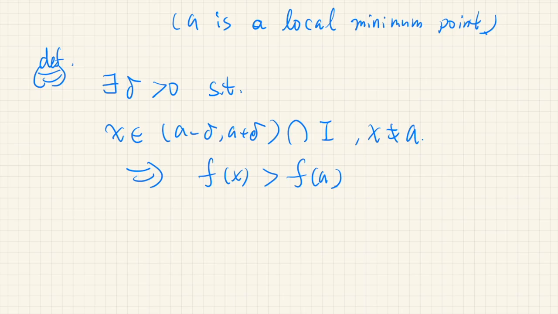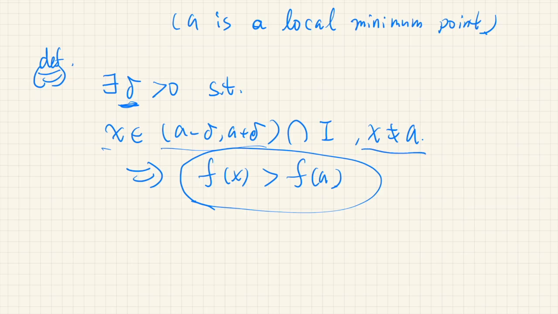So this means if we take a small enough delta, then we can make this inequality hold for all x in this interval, as long as x is not equal to a.